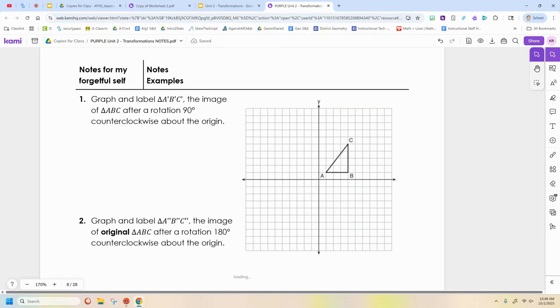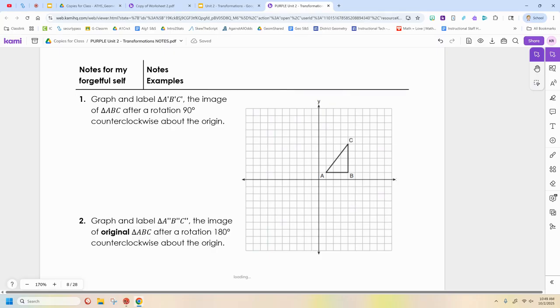So let's look at our first example and digest what it's asking us to do. In my opinion, performing rotations is the hardest one. Typically, you don't have to perform, you have to interpret. But until you actually practice it once or twice, it's hard to understand what is actually happening to the shape, okay? So here we go.